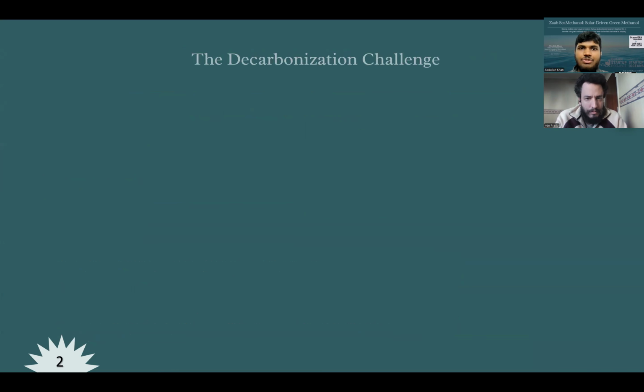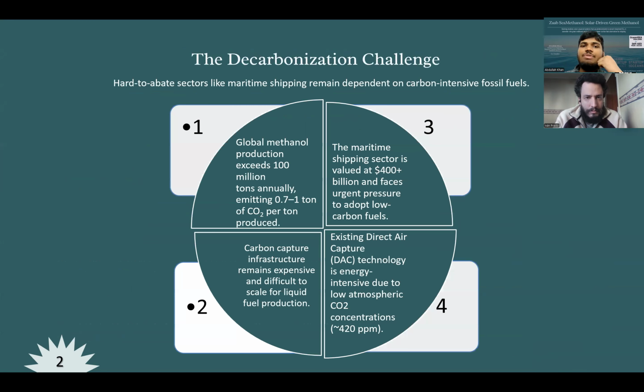So moving on to the challenge. As we know, methanol production is increasing at a high rate, and there are different technologies for capturing CO2 and converting it, and those are energy intensive due to low atmospheric concentrations.